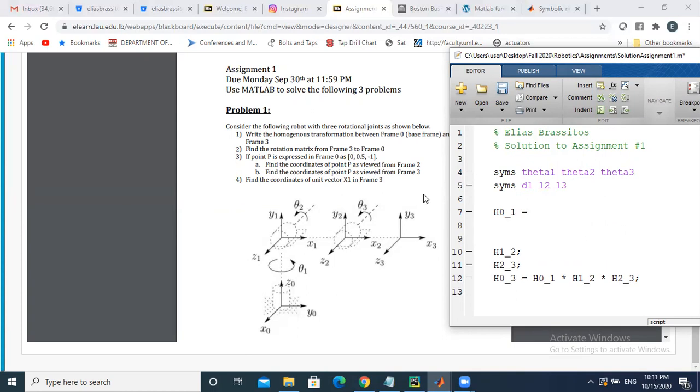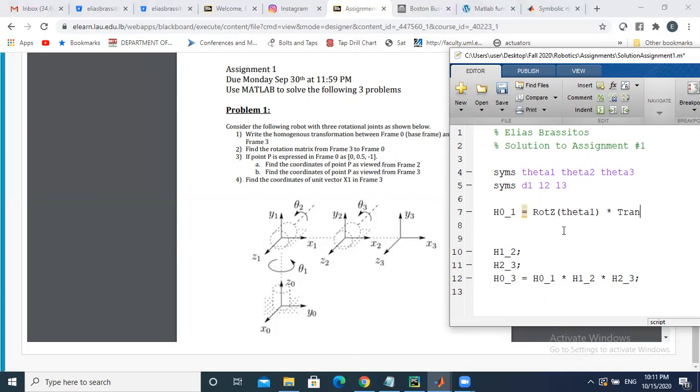H01, what do I need? I could use my DH function directly, or I can use my sequence of rotational transformations. What would be the sequence in this case? We rotate initially about Z by an angle theta 1, so now my x0 is pointed along x1.